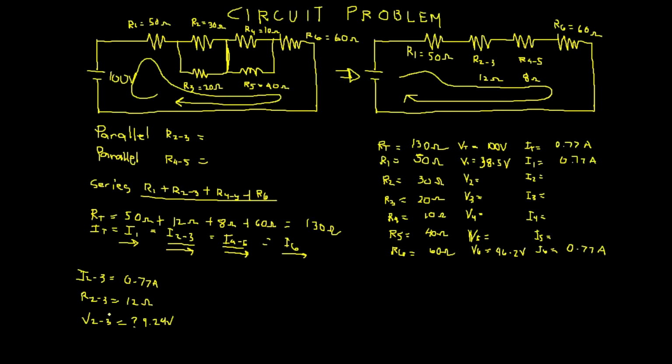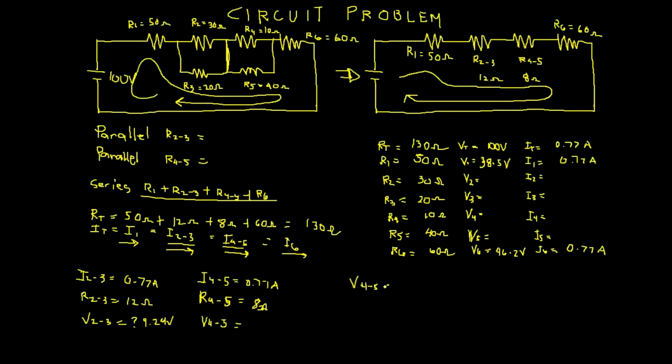So, next, V4-5. So, I2-3 okay na. So, I4-5 okay na. So, pwede natin i-compute naman yung V4-5. So, I4-5 natin is again 0.77 ampere. Tapos ang R4-5 natin is 8 ohms. So ang V4-5 natin ay yun ang kailangan natin i-solve.